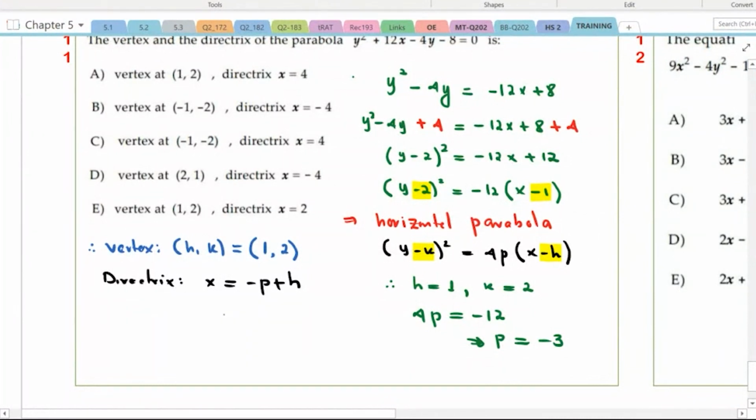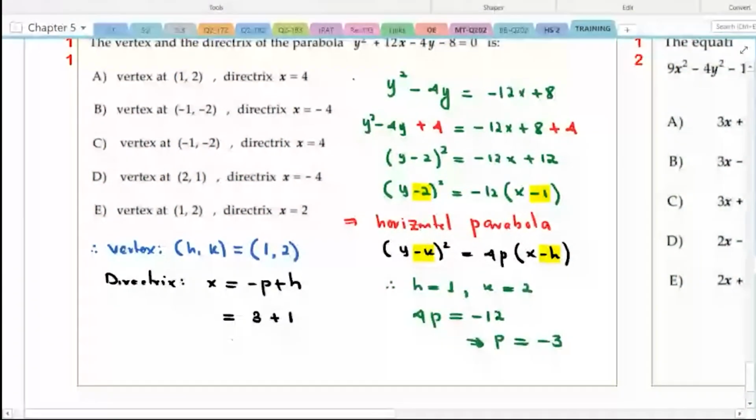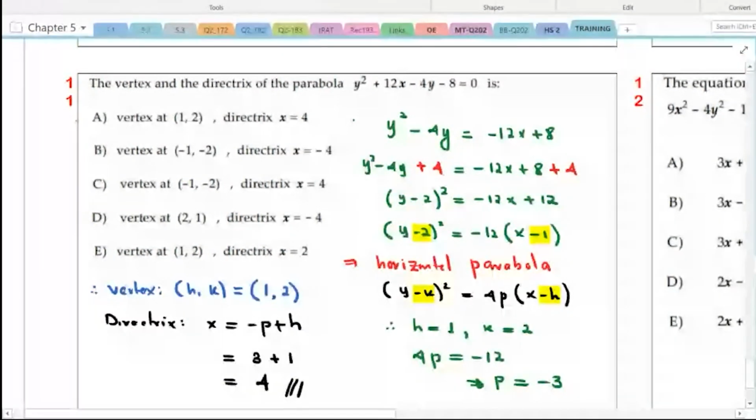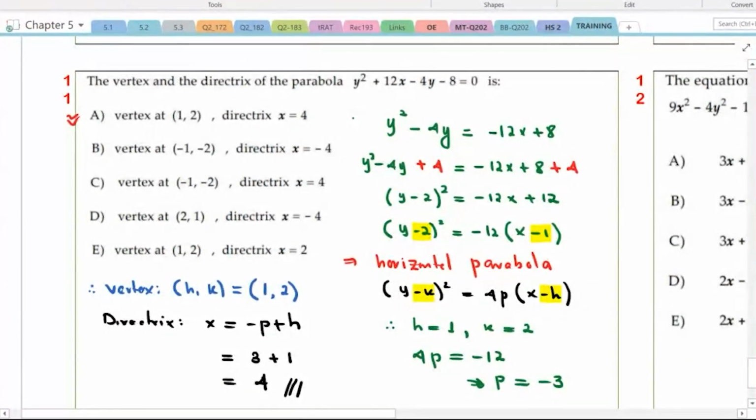So here p is minus 3, so minus p is 3, and then we say plus h. That is going to be plus 1, which is equal to 4. So gentlemen, the directrix is x equals 4, and the vertex is (1, 2). And this is our answer. Questions, please.